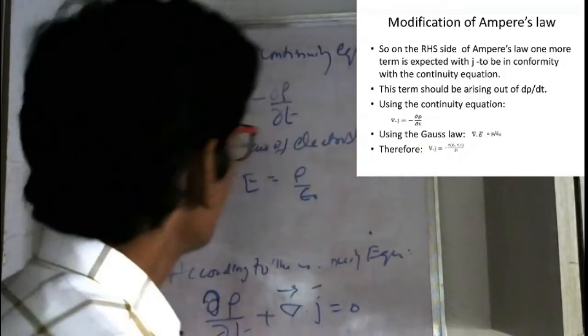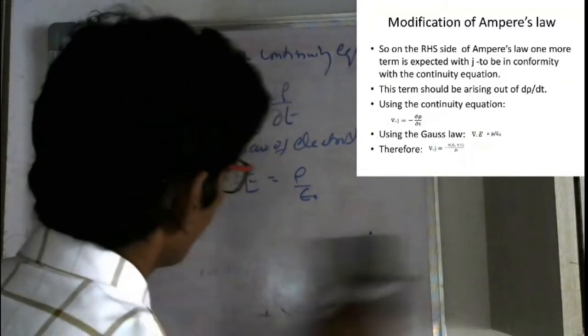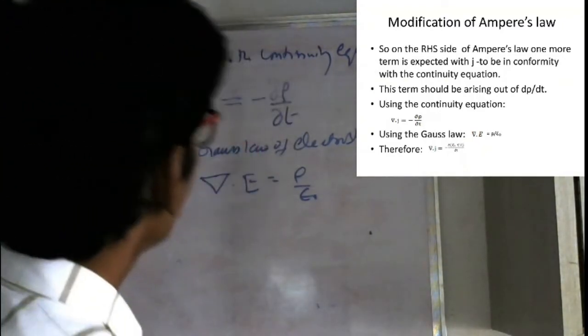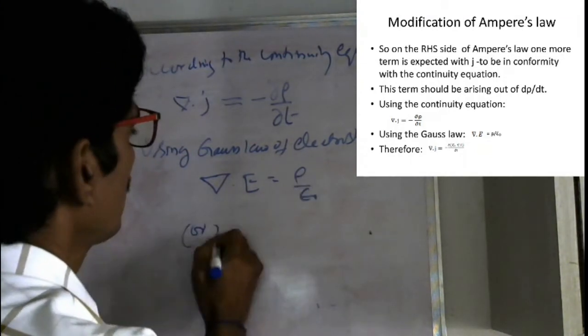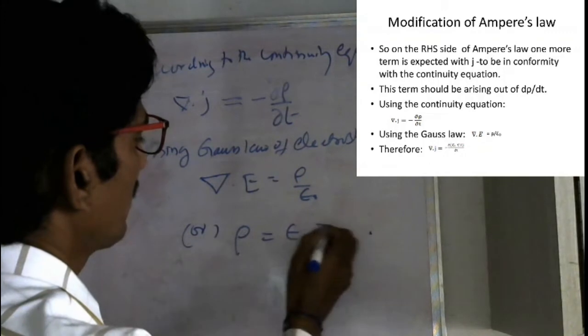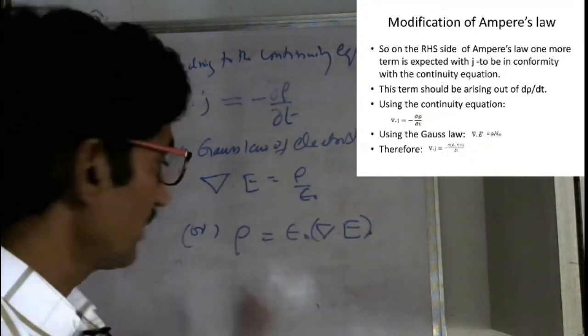So from these two equations, what is your rho here? Your rho is simply epsilon naught del dot E. From the Gauss law, your rho is this thing.